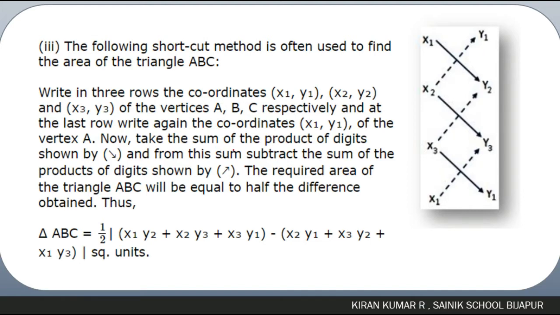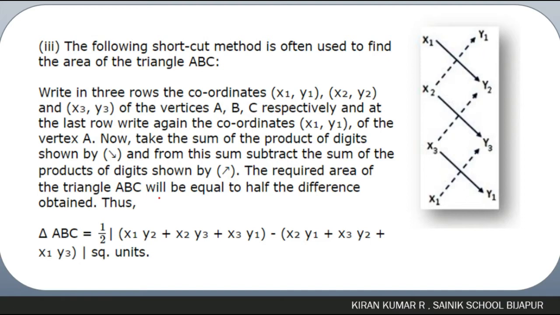Now take the sum of the product of the digits as shown in the down arrow, and from this sum subtract the sum of the products of the digits shown in the arrow which is directed towards upside.